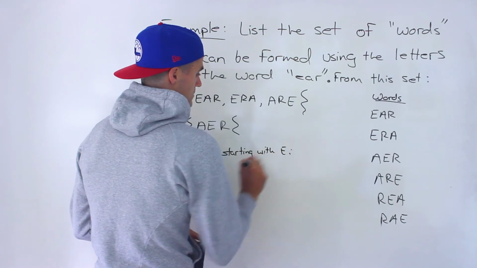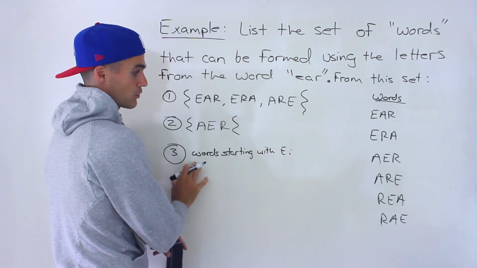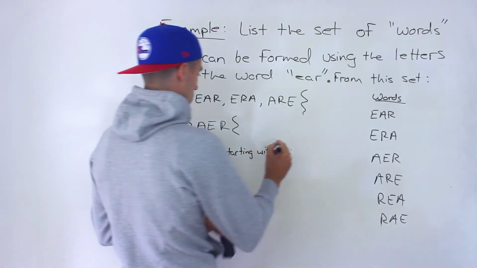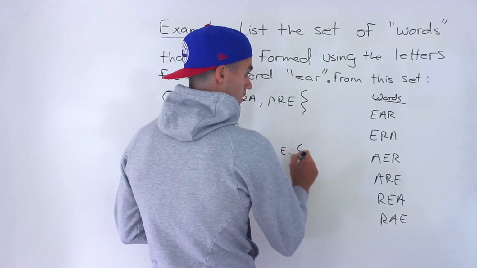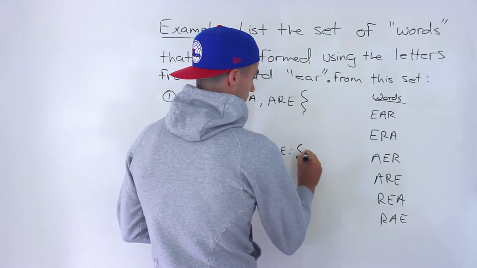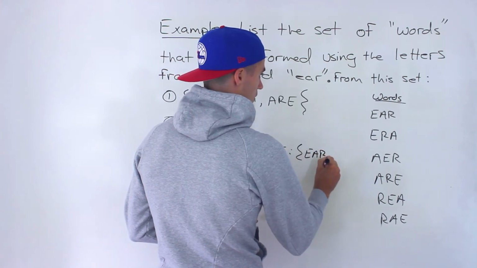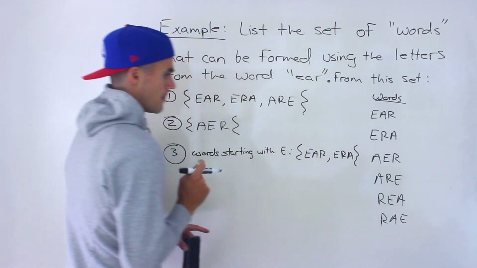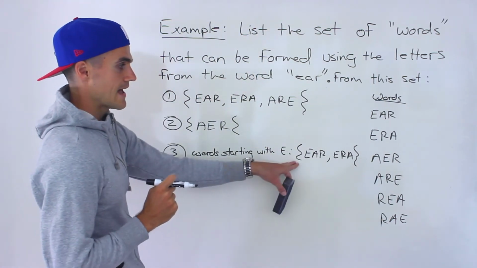Let's write out this subset first. This is not going to be the answer to number 3, but we're going to be using this subset for number 3 and 4. So the words starting with E would be, there's only 2 of them, ear and era. Right, so that's that subset.